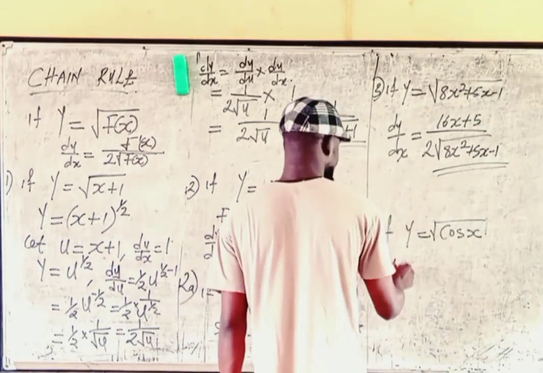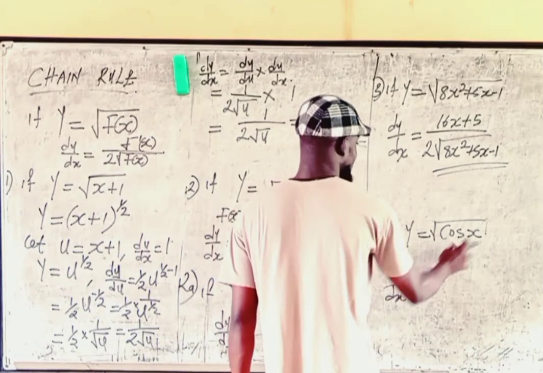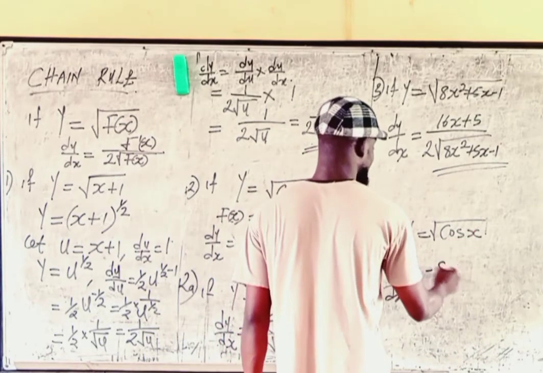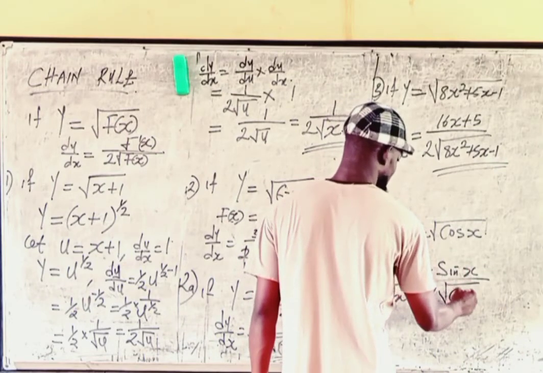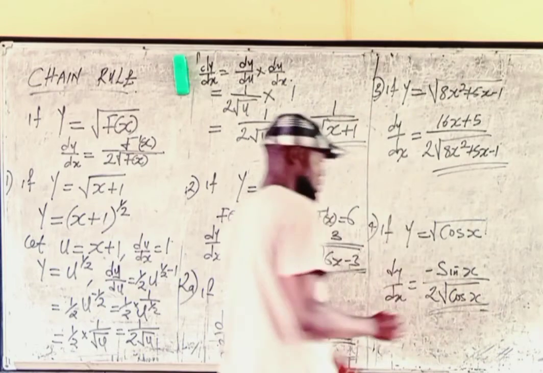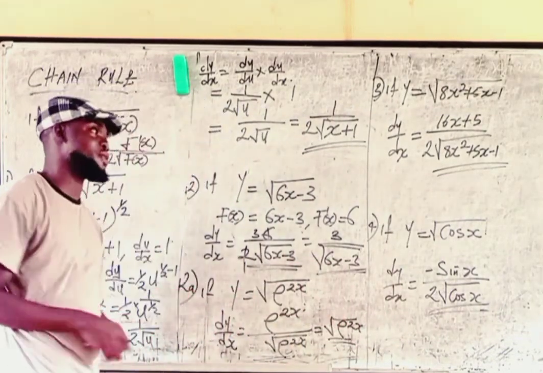The same thing with this: differentiating cos x, you have minus sin x over 2 times root of cos x. That's what you're going to have as your final answer.